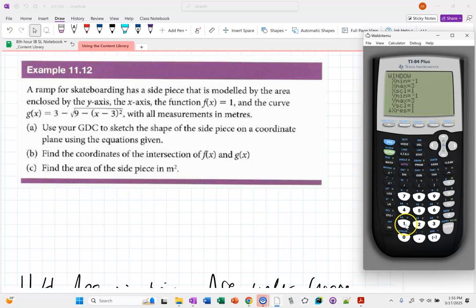So I'll make my x max a little bit bigger than 6, maybe just 7. Is that okay? All right. Since the x-axis is one of my boundaries, I'll use -1 as a y-min. And the roof of this is going to be 1, so I can just do 2 for a y max.